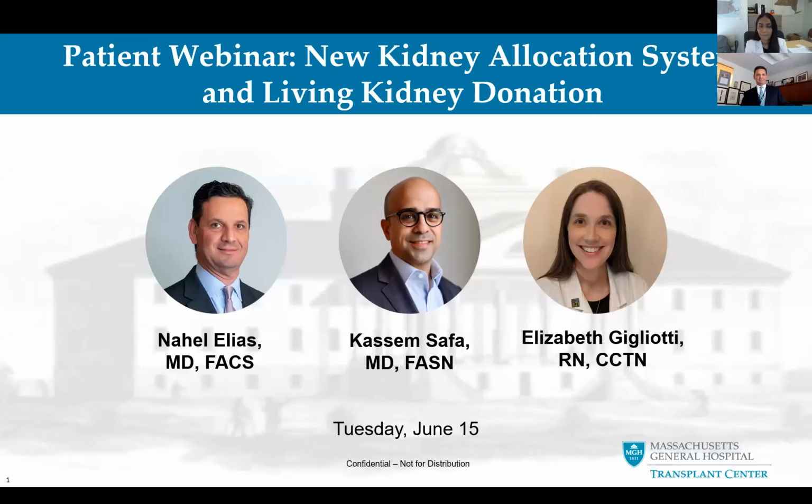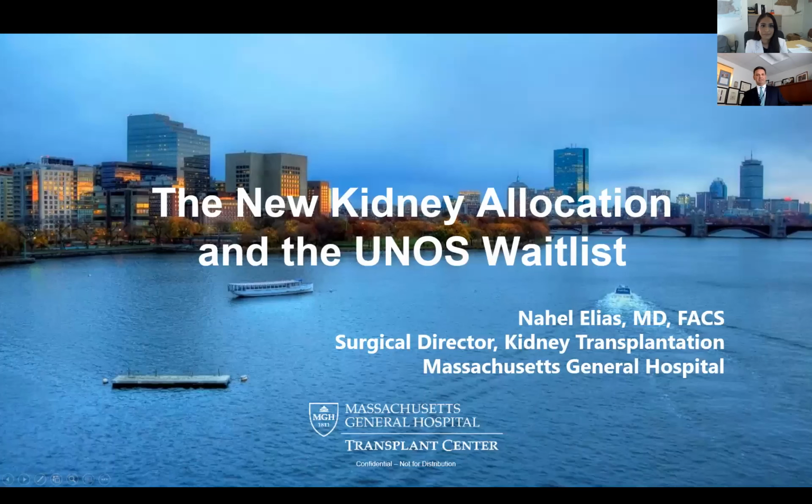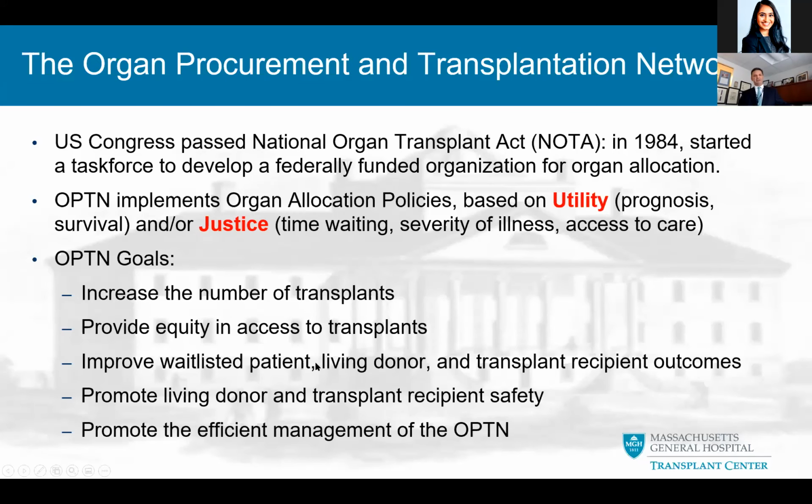I'll be talking about the new kidney allocation and the UNOS waitlist. As many of you know, the Organ Procurement and Transplantation Network was created by the US Congress through the passing of the National Organ Transplant Act in 1984. And the OPTN implements organ allocation policies across the country.